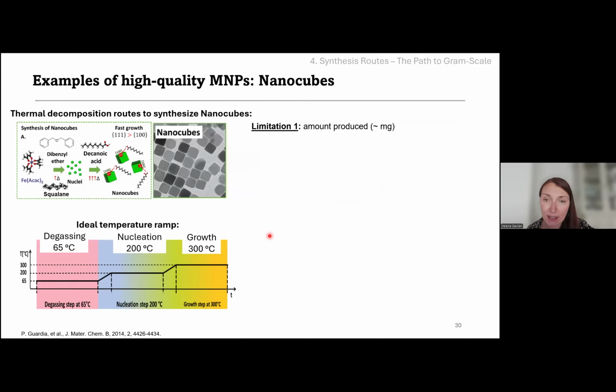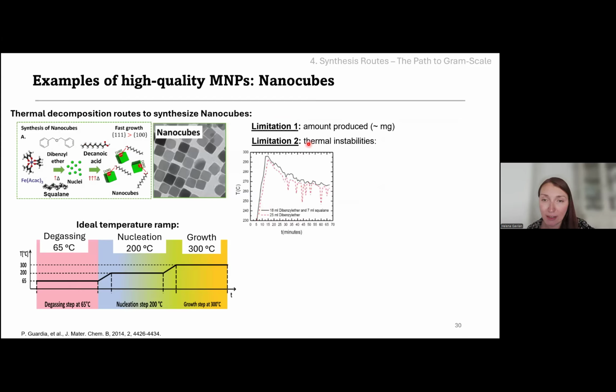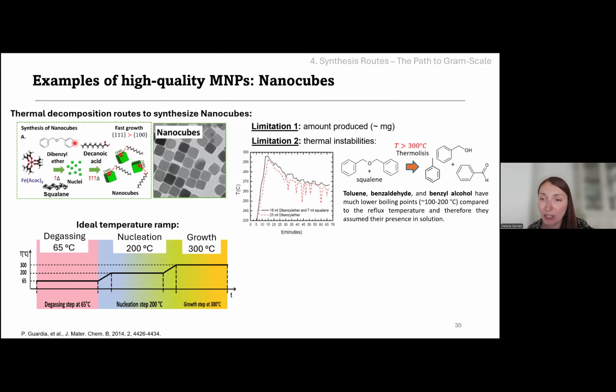And the next thing that I wanted to draw your attention to is that these instabilities that I mentioned are related to the fact that the benzyl ether decomposes, because at high temperature, the thermolysis releases certain molecules, toluene, benzaldehyde, and benzyl alcohol, okay, which have much lower boiling points, okay? This is why we see these jumps in the temperature.